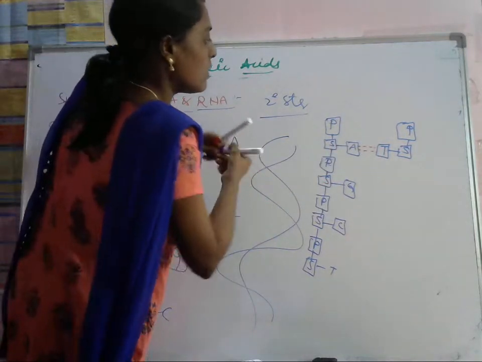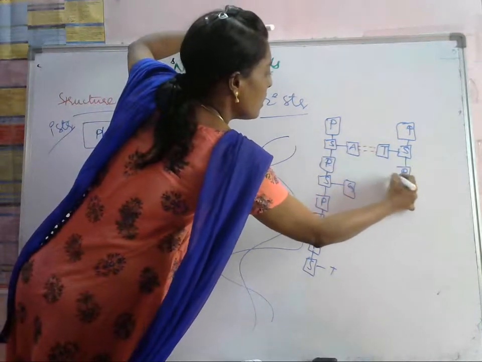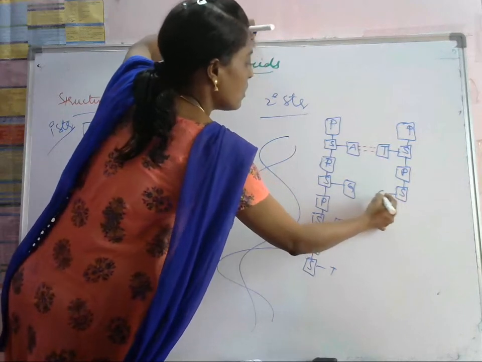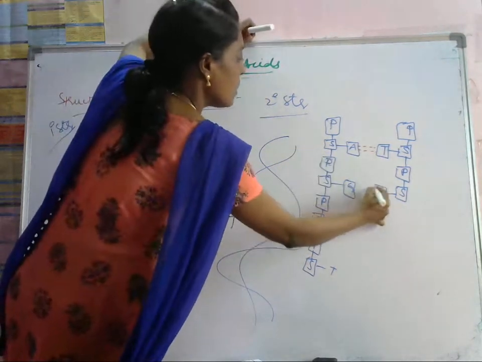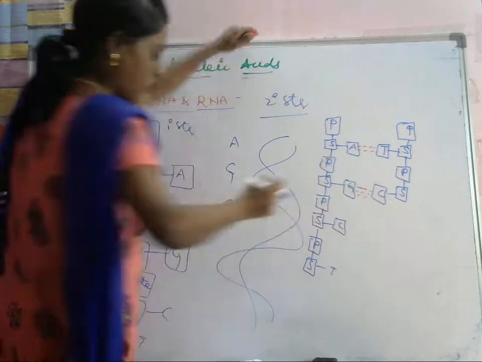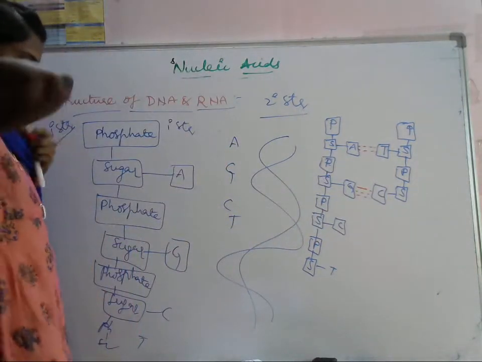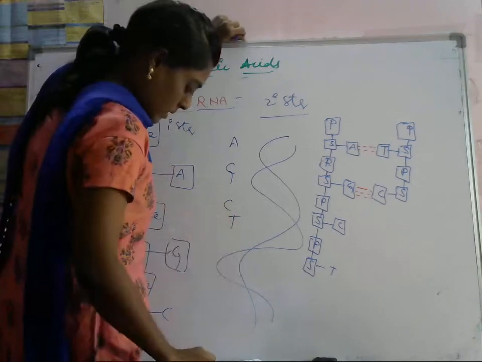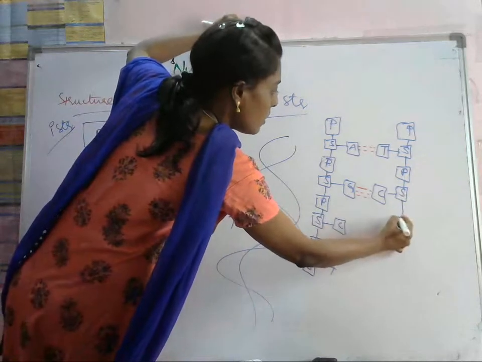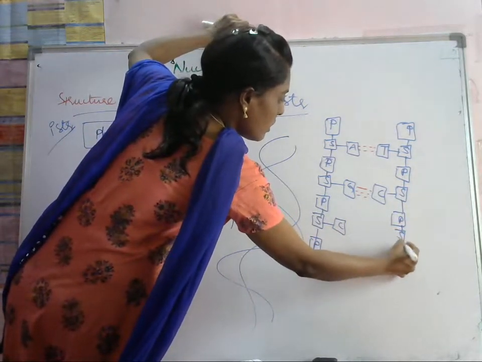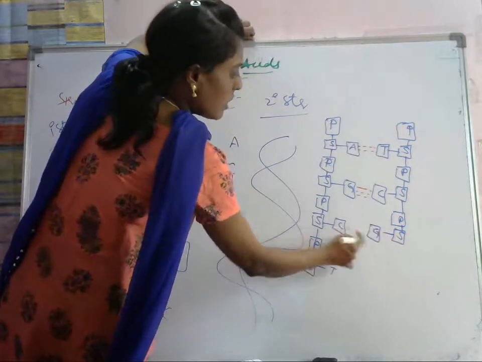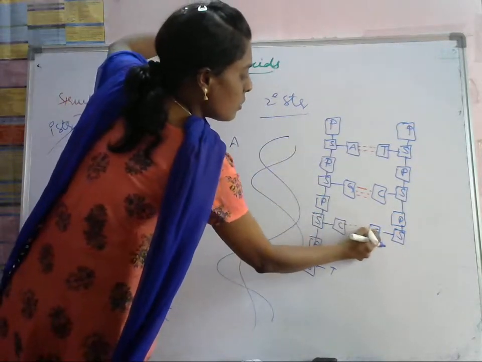Next, take this one: P, here S will be there, attached to cytosine. With this it makes three bonds. Next, C is here, where I have to write P again, S again. If it is G, C and G have three hydrogen bonds.